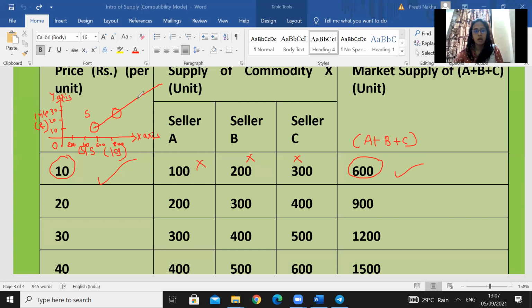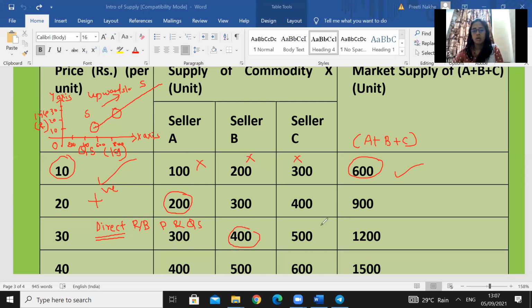So this is our market supply curve, and it is upward sloping. There exists a positive relationship, a direct relationship. I'm using different words which have the same meaning: direct relationship between price and quantity supplied. Sometimes in the exam, there are fill in the blanks.